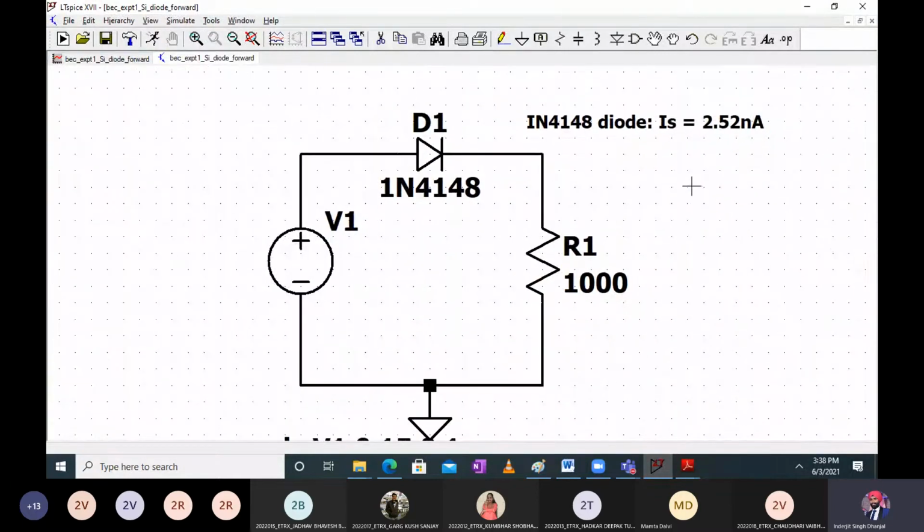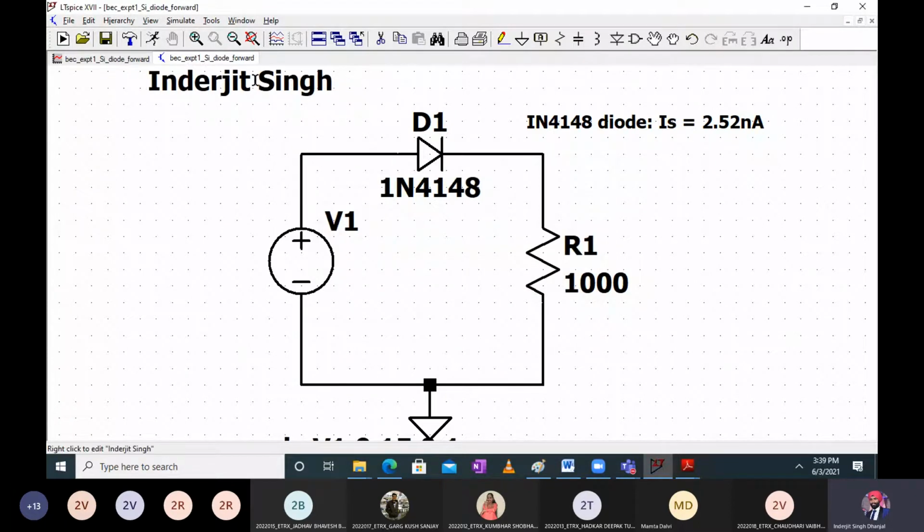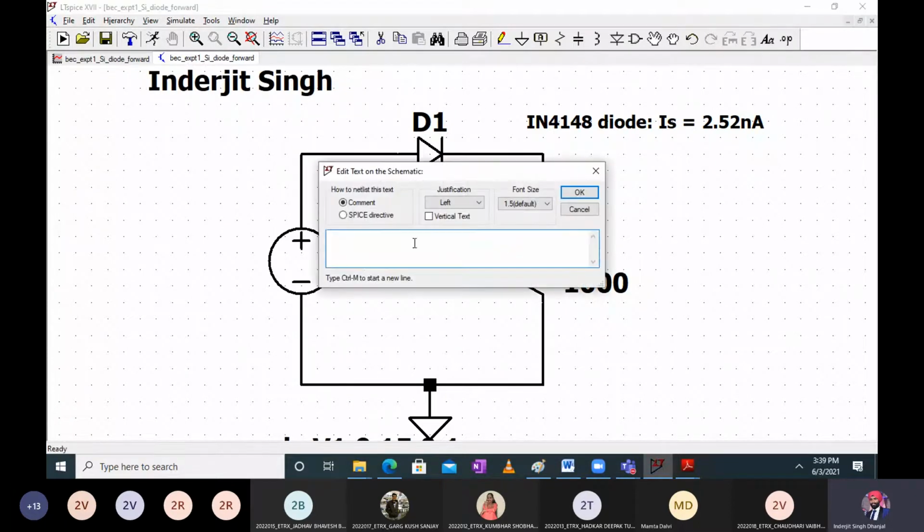So always it's a good practice to write these things. So click on the text and write your name. I am writing my name, for example. Always make a habit of doing this. So I'm writing my name over here, and then I can write my batch, whichever batch is there, A1 batch, and you can write your roll number.